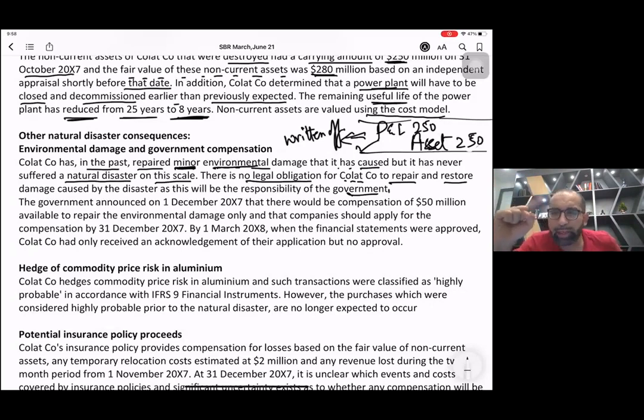And present obligation is of 2 types, one is legal and one is constructive. There is no legal obligation, you can read it clearly from the question. And the constructive obligation only arises when our past practices or our act or our announcement creates a valid expectation to those affected, right?